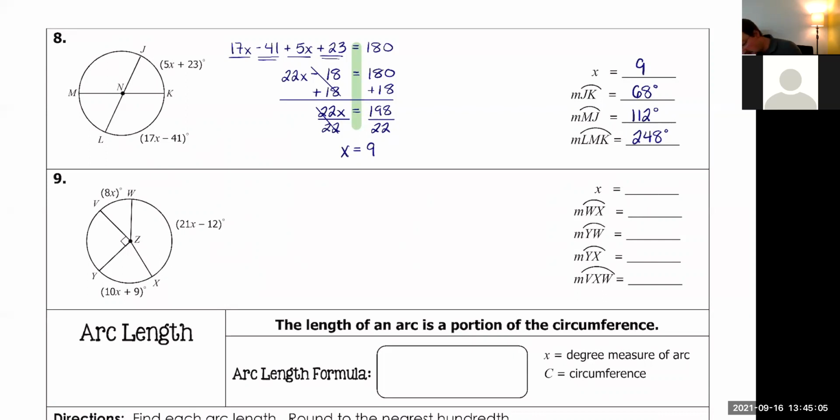So on number 9, you should get X equals 7. Arc WX is 135 degrees. Arc YW is 146 degrees. Arc YX is 79 degrees. And arc VXW is 304 degrees.